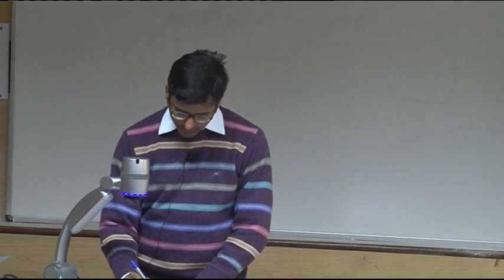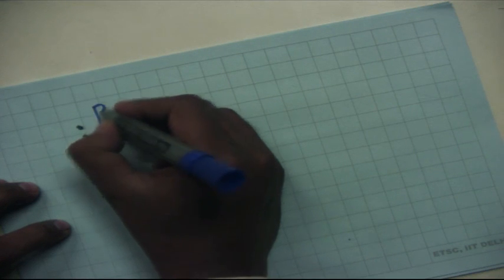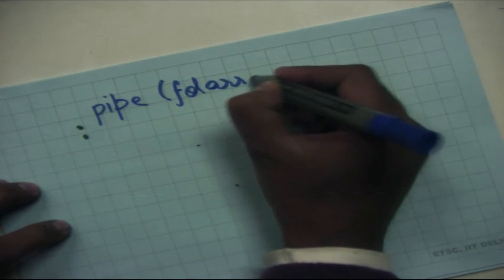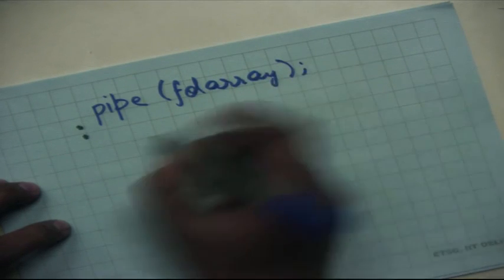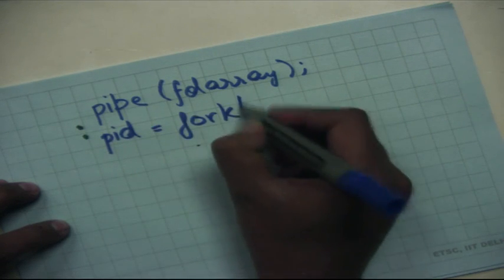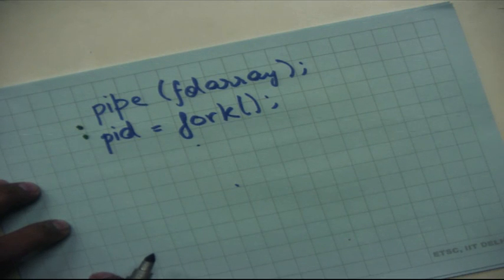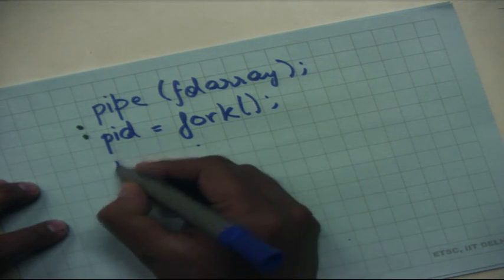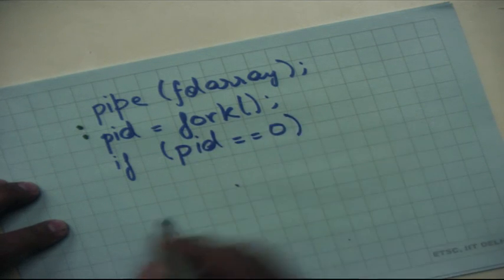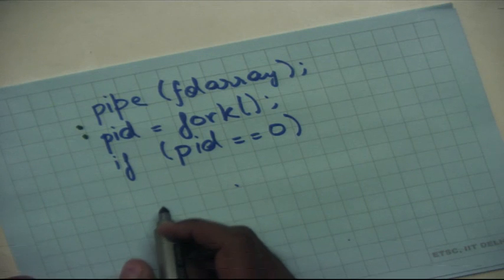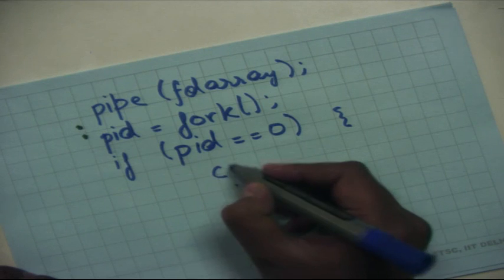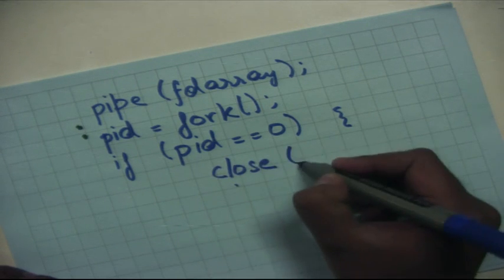So one way to do it is you call pipe on FD array, then you call fork, right? And then you say if PID is equal to 0, which means I'm executing in the child context, then close the standard output.